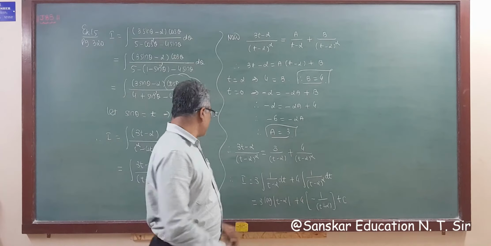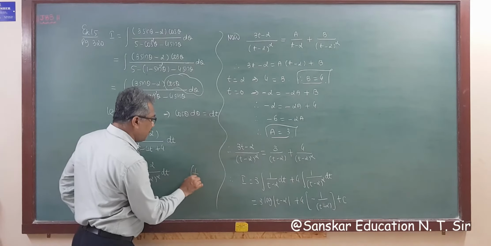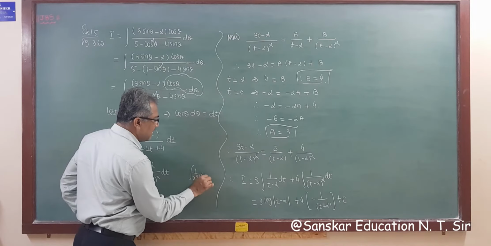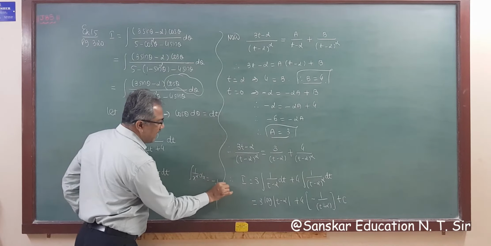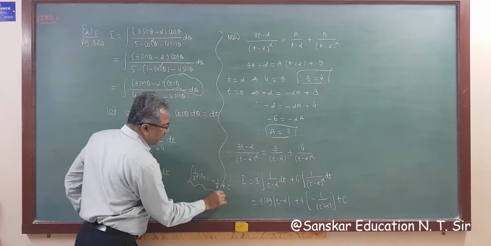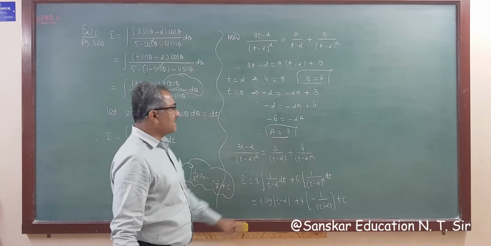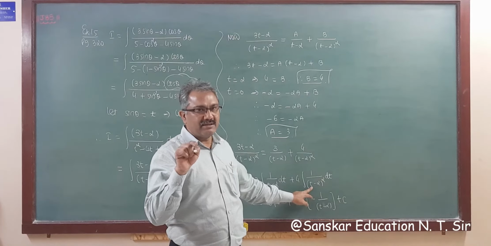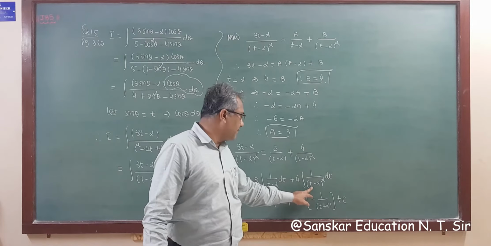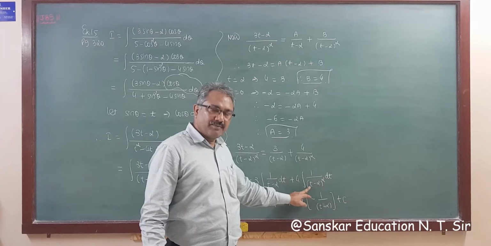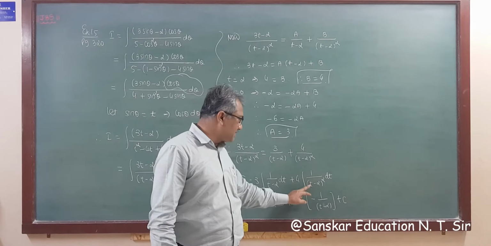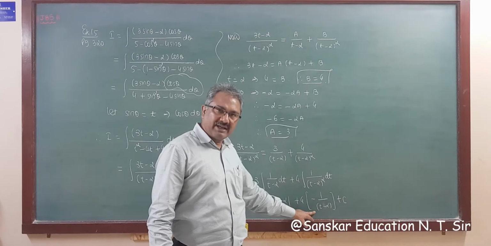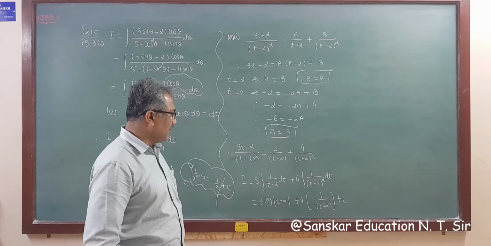Because the integration of 1 upon x square dx is minus 1 upon x plus c. This is the formula, and this is not x but a linear function, and the power of the linear function is 1, and the coefficient is 1, so no need to divide by any number.